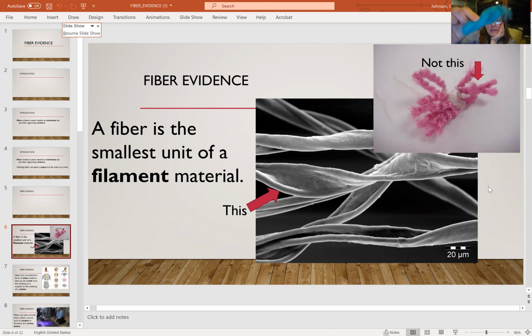So I've got a piece of blue yarn here, really big blue yarn. The fiber that I would be concerned with would be one tiny little strand that I would pull out of there. So it's the smallest unit of a filament material. So really, we shouldn't even call it a fiber. We should be calling it a filament.